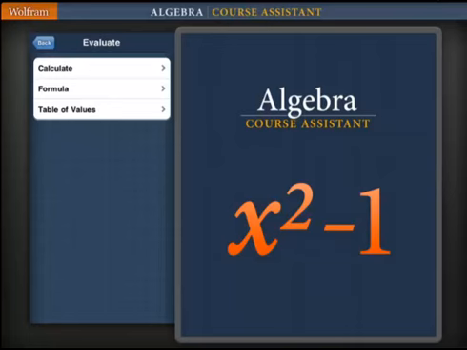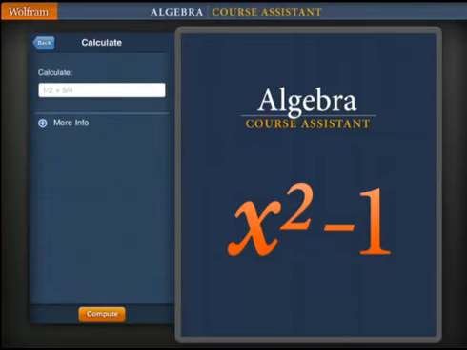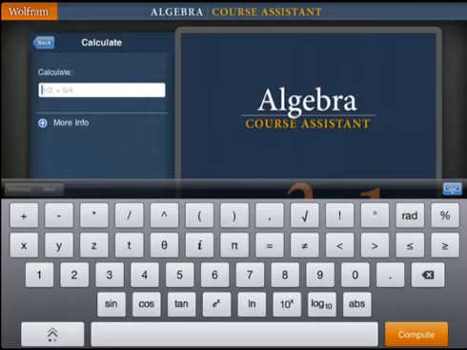So if we look at the evaluate function for just a moment, you can see that Wolfram has supplied us with a couple of different variables that we can solve for. In this case, obviously, we are free to type our own in, and when we do that, you can see that Wolfram's screen is a little bit different than the typical screen you may have seen in other applications.